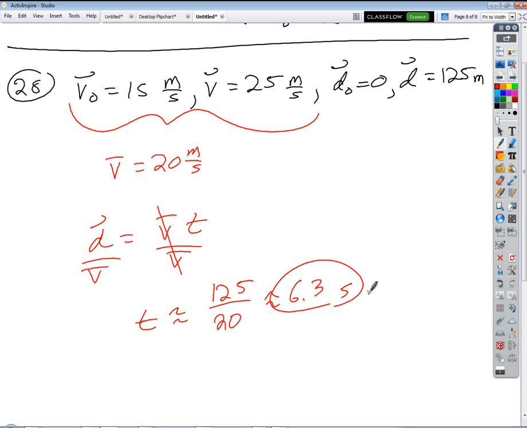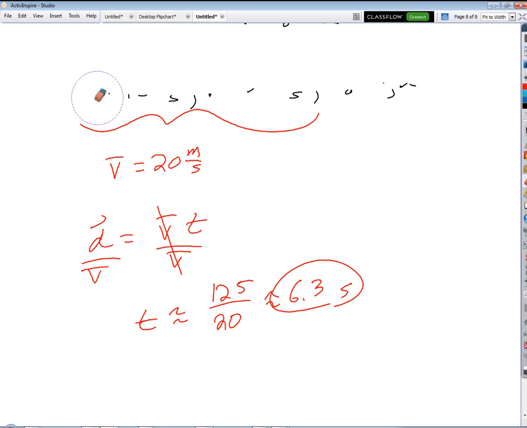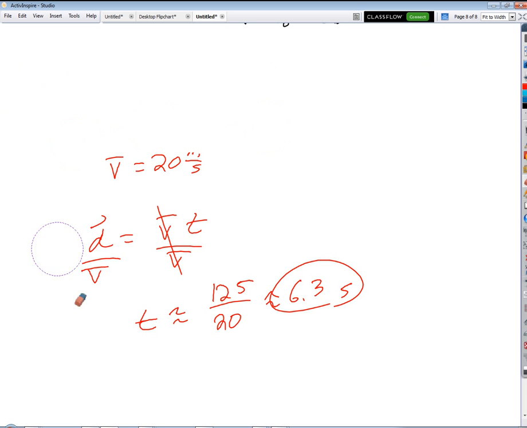Okay, number 29. A bike rider accelerates constantly to a velocity of 7.5 meters per second during 4.5 seconds. The bike's displacement during the acceleration was 19 meters. What was the initial velocity? Okay, Alexis, tell me something that we know about 29.